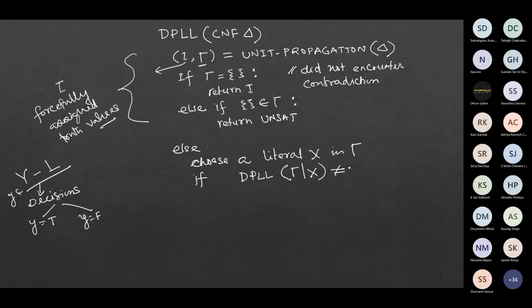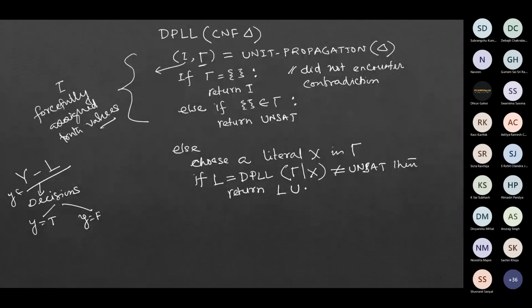And if we see that this is not unset, and when we return unset to this, what we'll be returning? We'll be returning a set of assignments, right? And our final return would be the union of this.